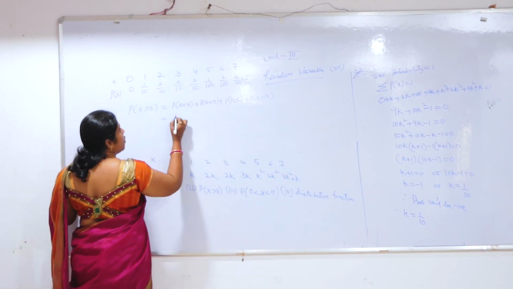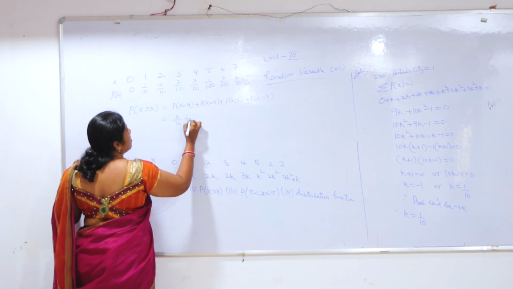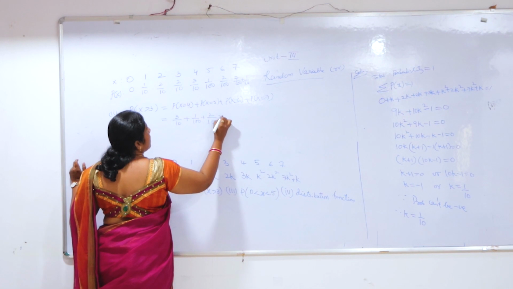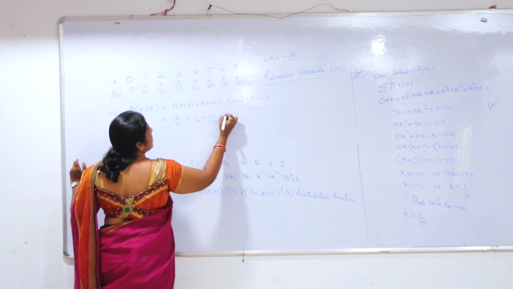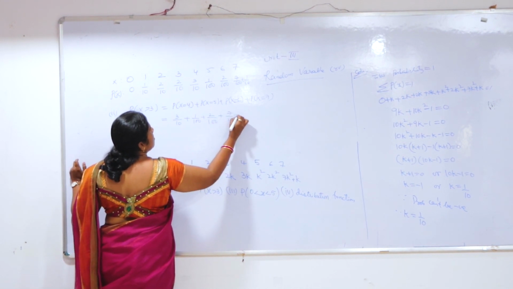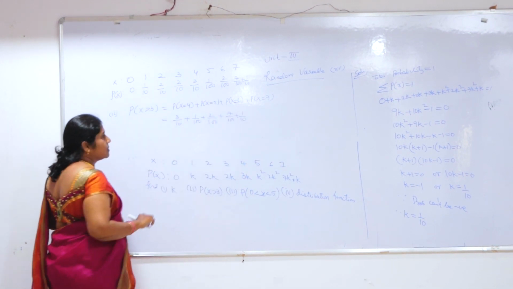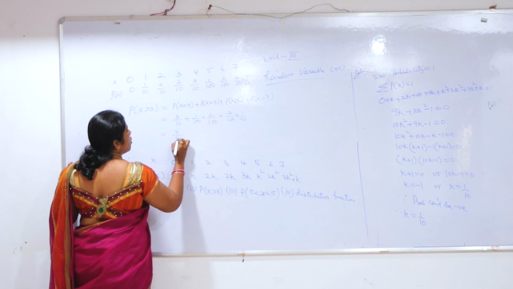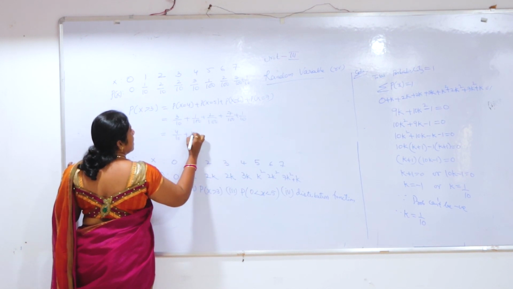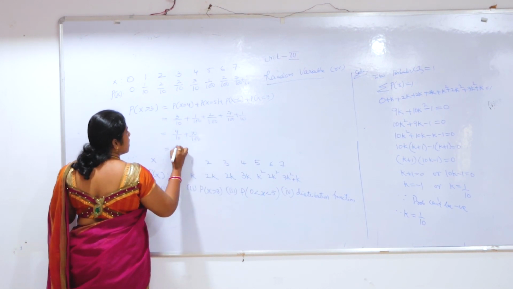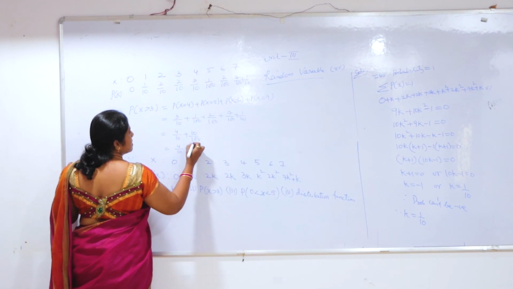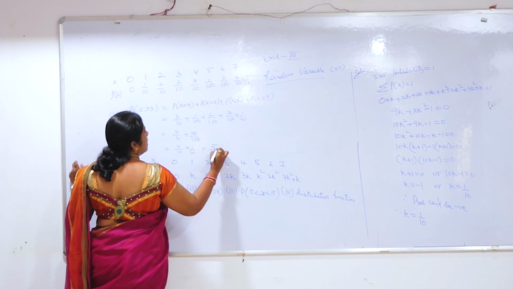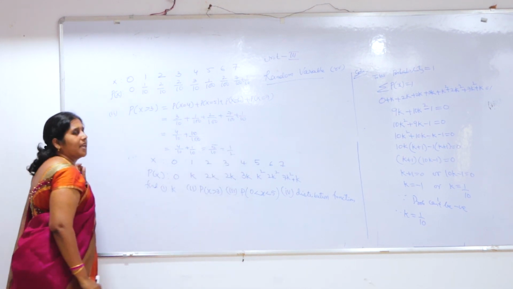So what is x equal to 4? 3 by 10 plus 1 by 100 plus 2 by 100 plus 7 by 100 plus 1 by 10. You add this: 3 plus 1, 4 by 10. 4 by 10 plus 7, 8, 9, 10 by 100, which is equal to 4 by 10 plus 1 by 10, which is equal to 5 by 10, which is equal to 1 by 2.